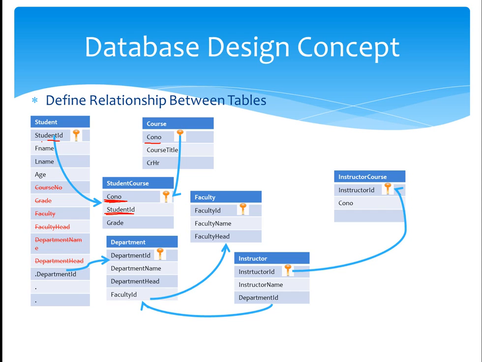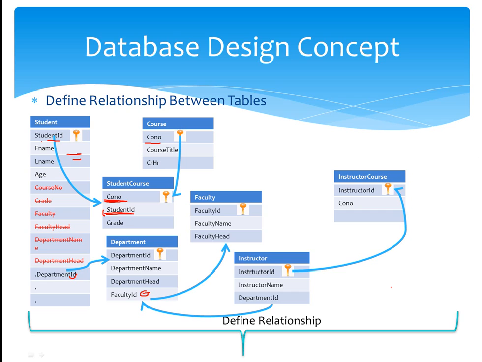The faculty ID should relate with the faculty ID in the department table. So in here, faculty ID is a foreign key, and in here department ID is a foreign key. Here student ID is a foreign key because it represents this table. If there is a key representing another table, that is called a foreign key. So defining a relationship between tables is the most important thing. Unless you have a relationship, you cannot have a relational database model.